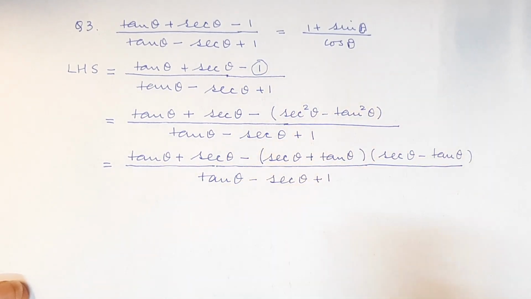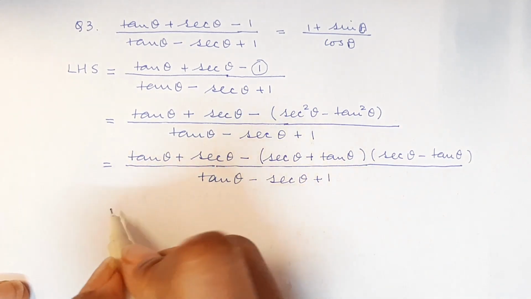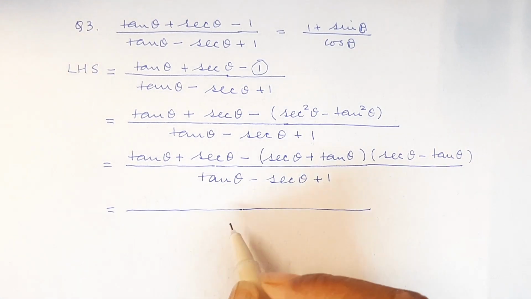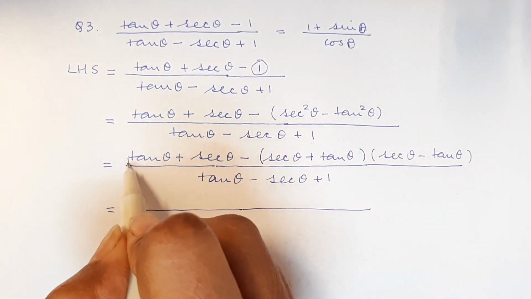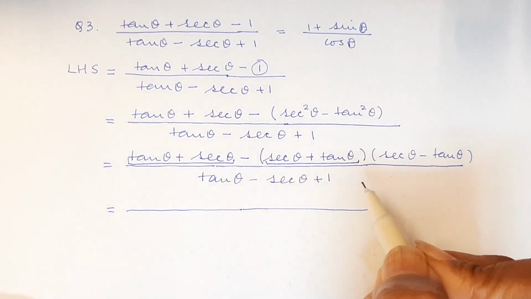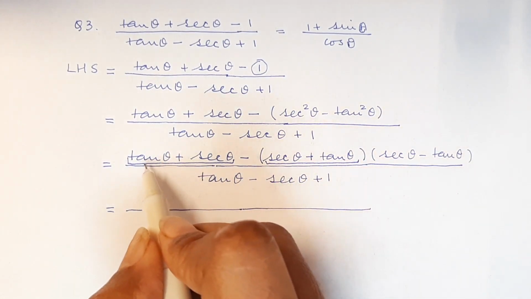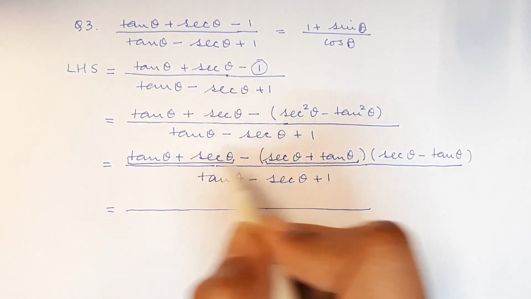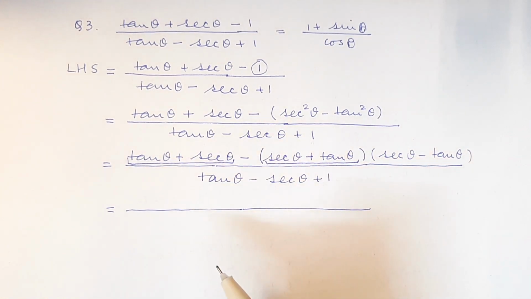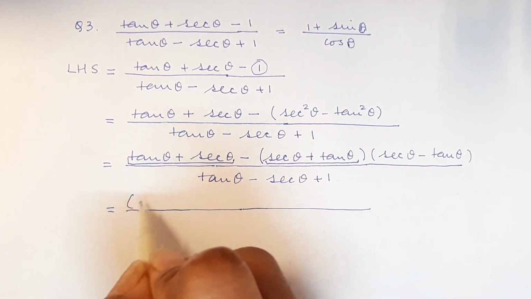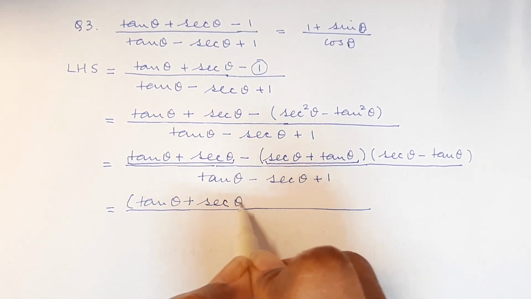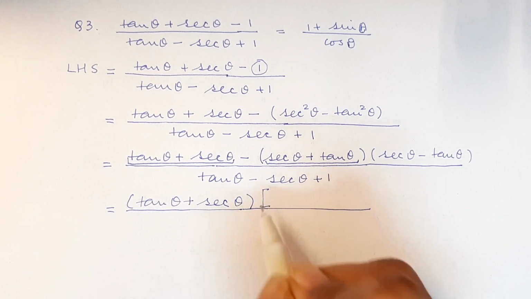Okay? Let us see now how we proceed for the next step. Now, in our next step, we have to look at this and we have to look at this. If this was x, x minus x into some bracket, wouldn't we have taken x as common? So we take tan theta plus sec theta common.